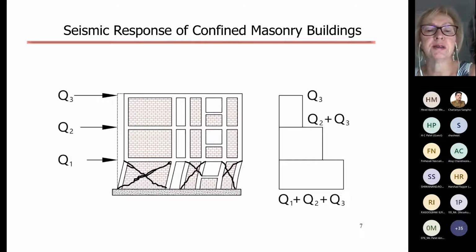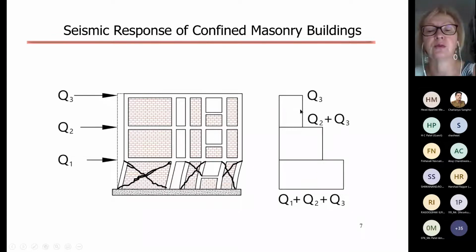What has been seen in the tests and also in earthquakes is that in multi-story buildings, damage is concentrated at the bottom level. This has nothing to do with a soft story mechanism. It is just the fact that if you apply seismic loading at different levels, the shear forces are increasing.